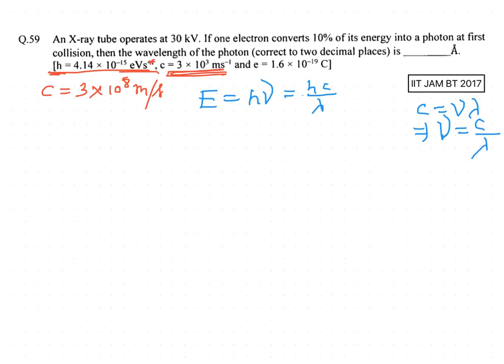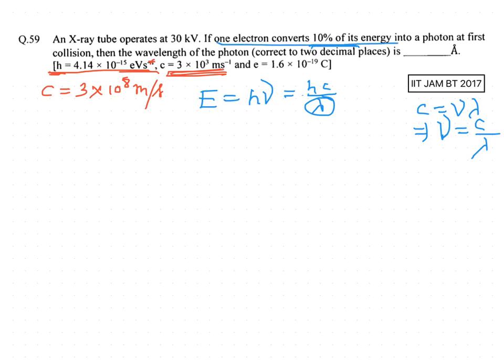Now if we put the values of E, h, c, we can calculate this lambda. So what is the energy of the photon? Here it is said that the energy of the photon is 10% of the energy of the electron.